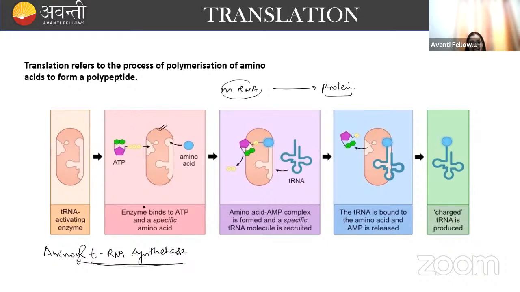So this is the enzyme. First, the ATP will bind and the amino acid will bind, and the amino acid-AMP complex is formed. When the tRNA binds, the amino acid will bind to the acceptor arm of the tRNA, and the tRNA gets charged and the AMP is released.